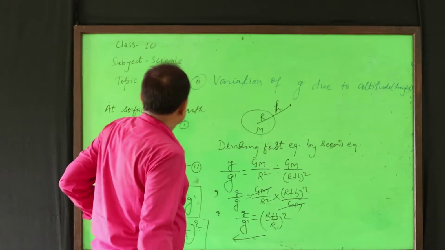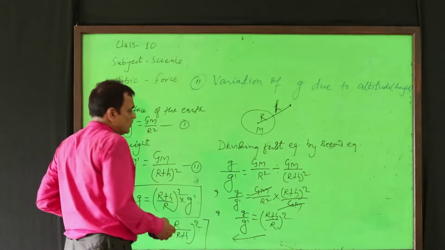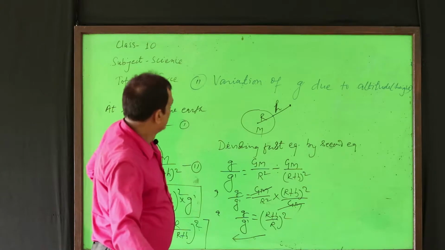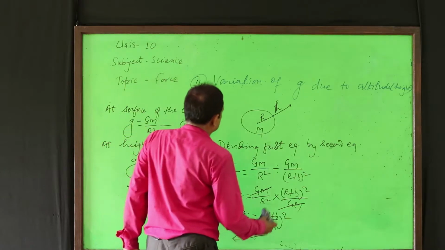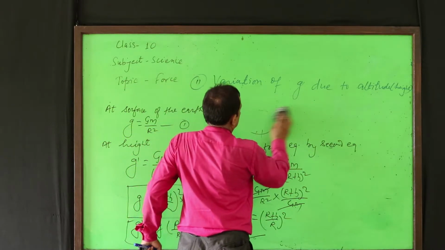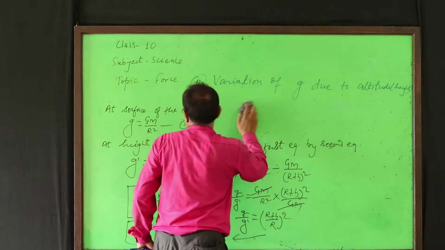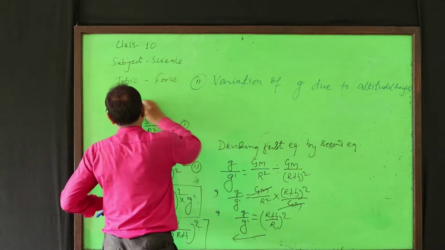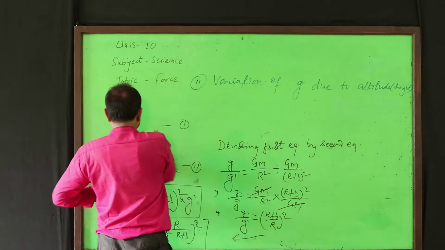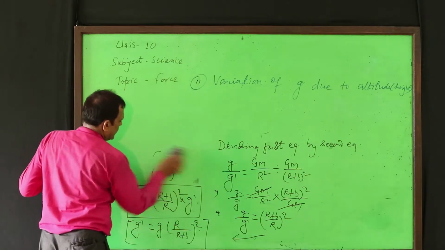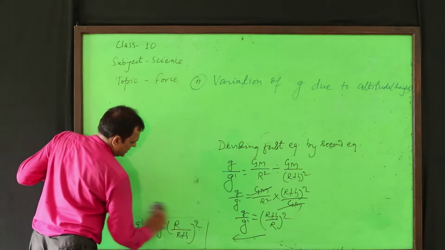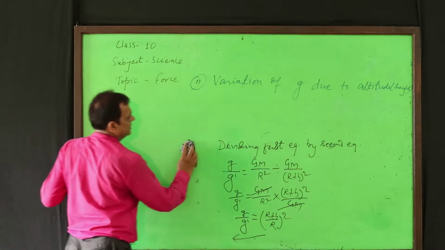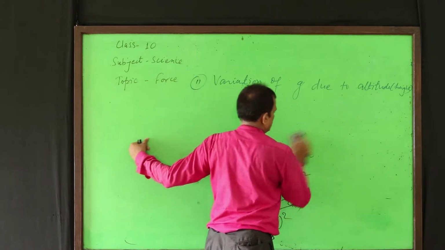Now, the third variation I am going to show is not given in your textbook, but it must be studied. So please watch carefully and copy it in your notebook to remember, for your examination and for your higher education.